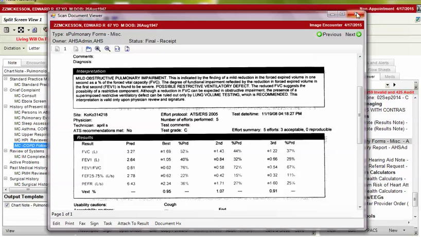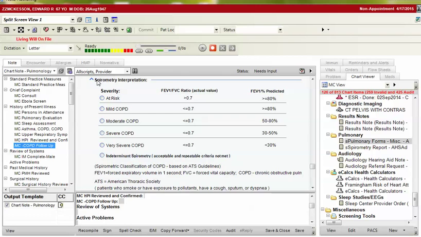We're now going to look at the forms we've created in order to document our findings. The first part of the form has to do with spirometry interpretation. You'll look at the middle column of the FEV1/FVC ratio and determine where your patient falls.